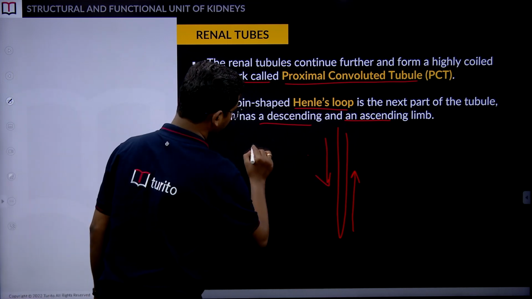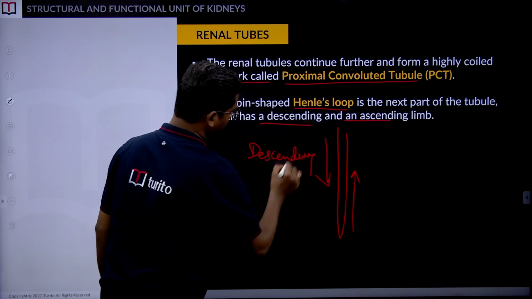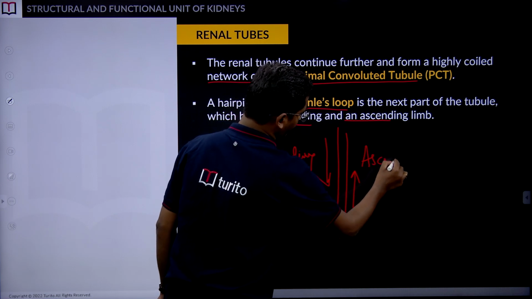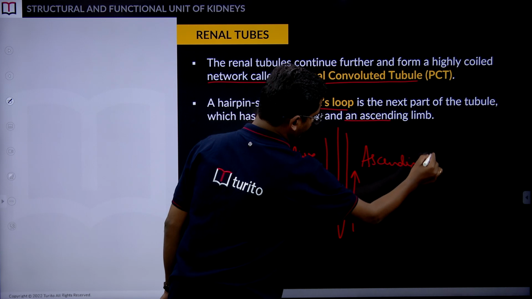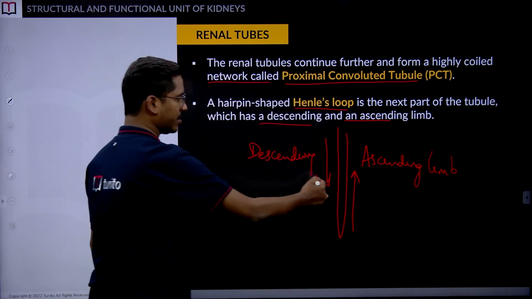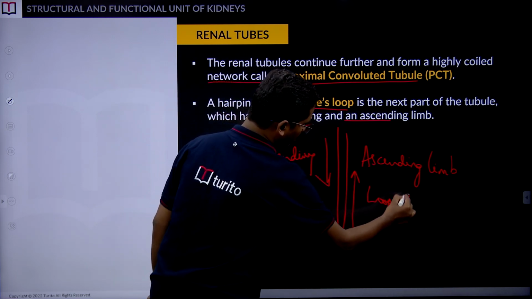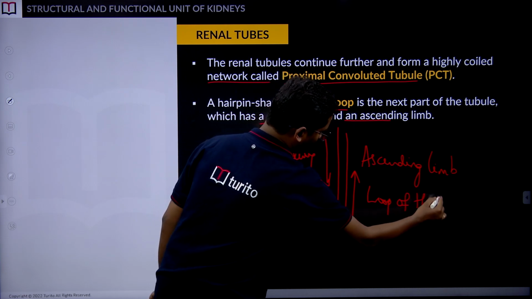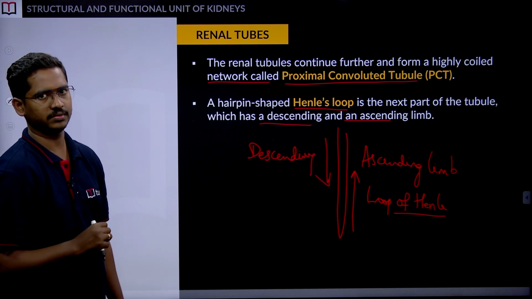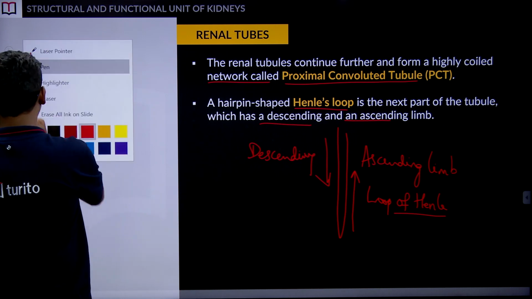This one is going down, so this is the descending limb, and this one, since it is going up, we call it the ascending limb. So, descending limb plus ascending limb forms the loop of Henle. That is the arrangement we have here so far, right. Hope you understood that. Any questions by anyone?